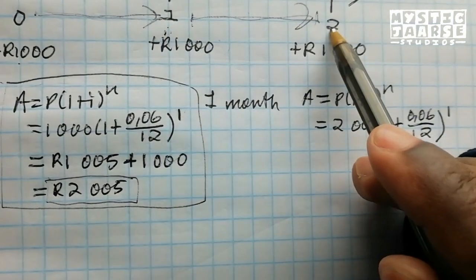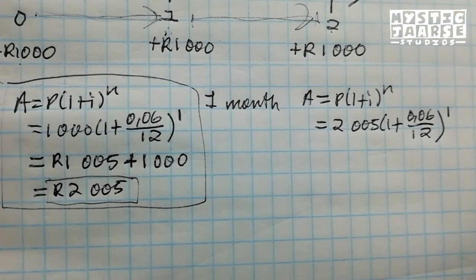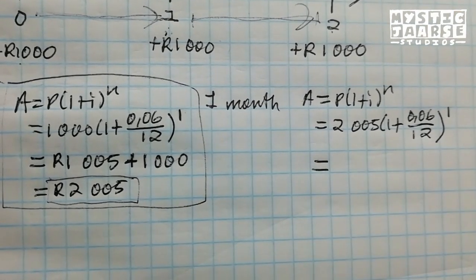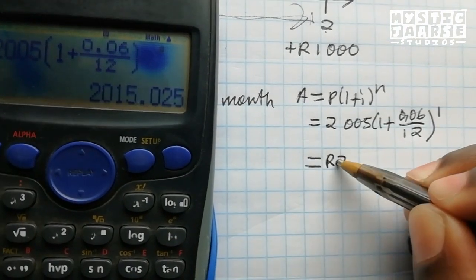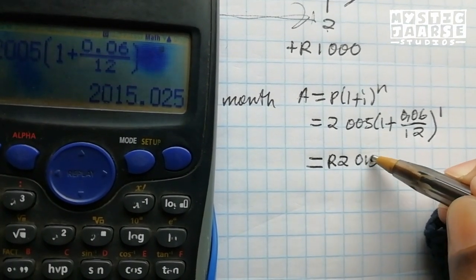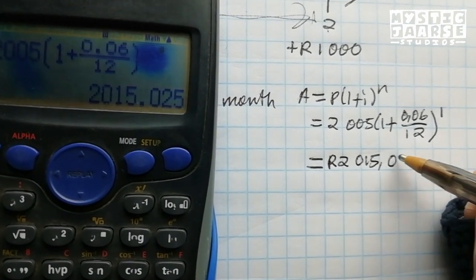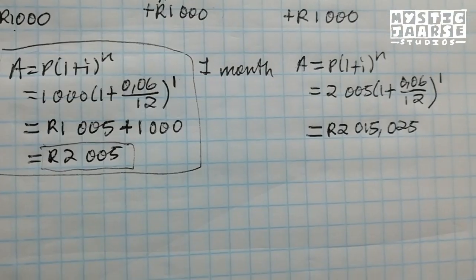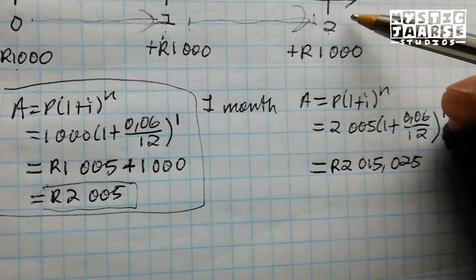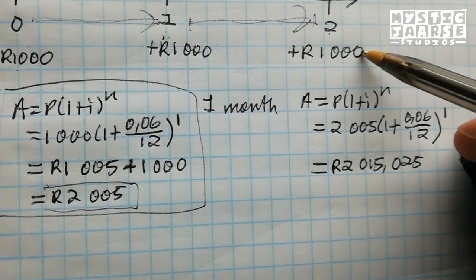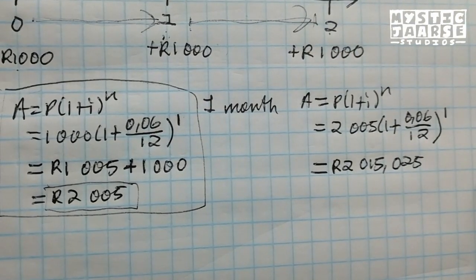From month 1 to month 2, it is only 1 month. The answer that we get is 2015 rands 0.25 cents. This is the amount of money that they will be having after 2 months before they deposit the last 1000 rands.